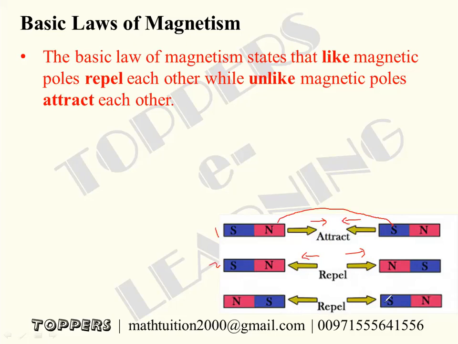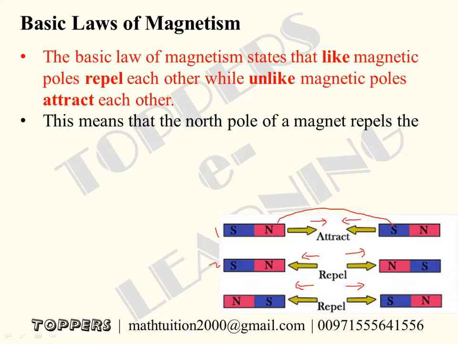Here south and south, the same pole, like poles. They will repel. So that is the basic law of magnetism: like magnetic poles repel each other, while unlike magnetic poles attract each other. Now I'll show you the animation.